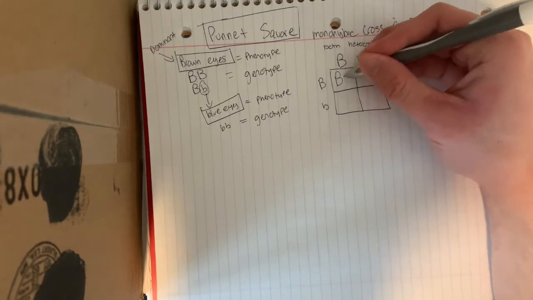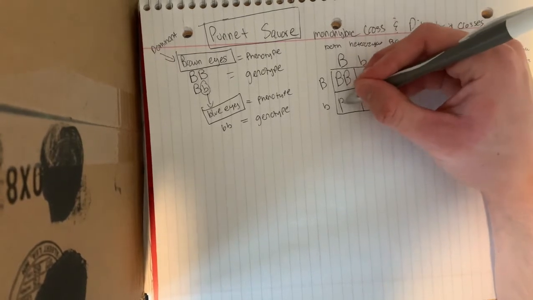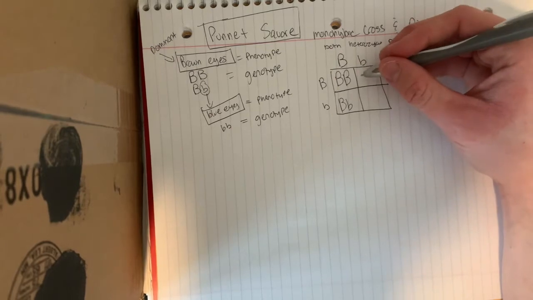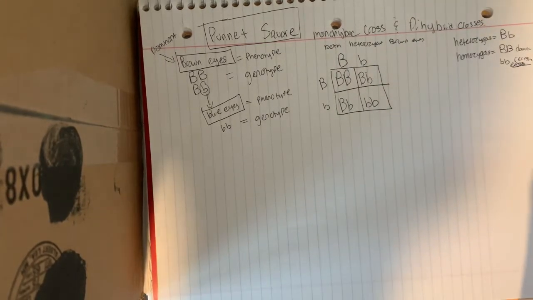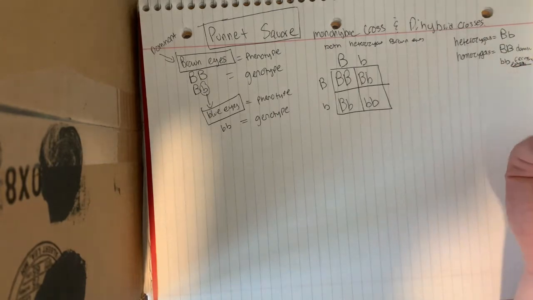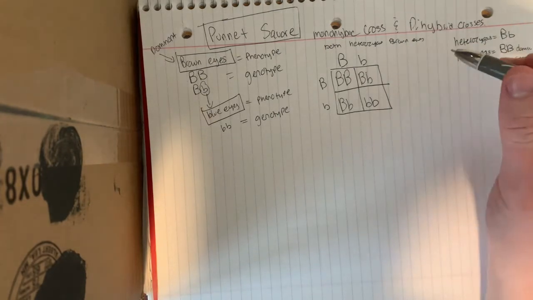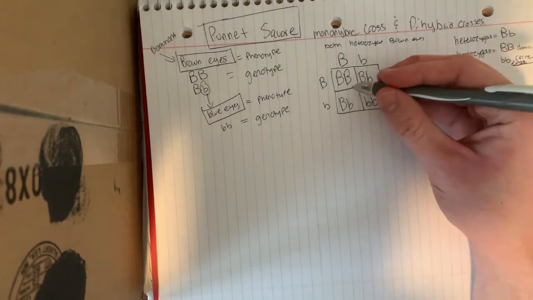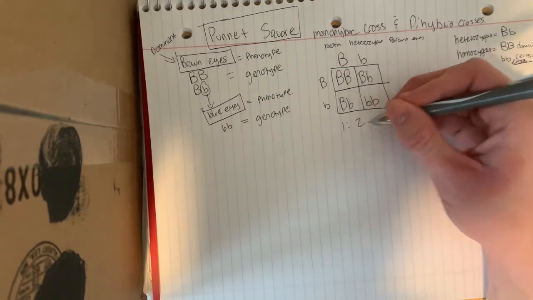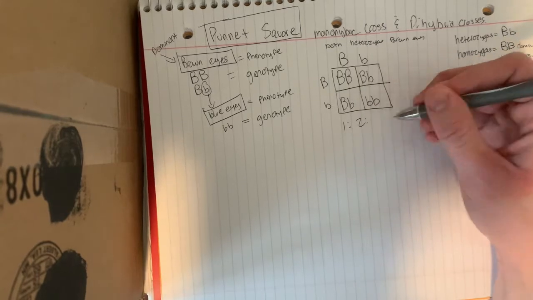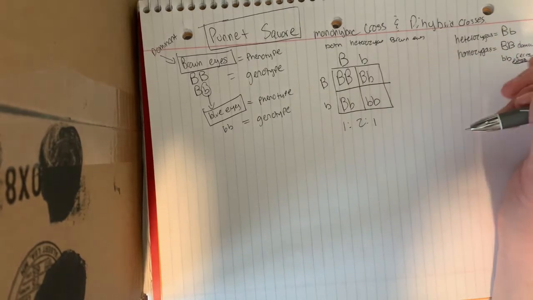So here we would have big B big B, little b big B, big B little b, and little b little b. So if we're looking at the children now, we see a ratio of 1, which is this one, to 2, which are these two, and 1, which is this one.